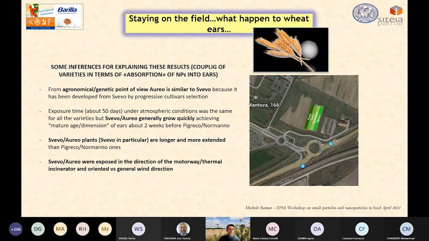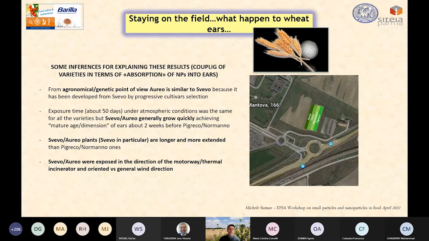There are some potential explanations for these results. From the agronomical genetic point of view, Aureo and also Svevo are typically very close, because Svevo was progressively developed by this cultivar selection. Svevo and Aureo generally grow quickly, so at the end of the cultivation the Svevo and Aureo plants were longer and more extended than the Pi Greco and Normanno varieties, by about 50 days under the atmospheric condition for the growth.